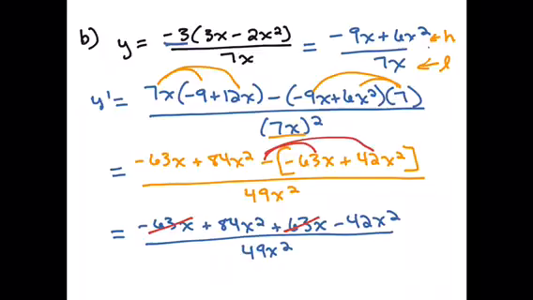And I'm going to get 84x squared minus 42x squared. Well, that is just 42x squared over 49x squared. And this will simplify. X squared over x squared goes to 1, and 42 over 49 will actually simplify, and we end up with 6/7.